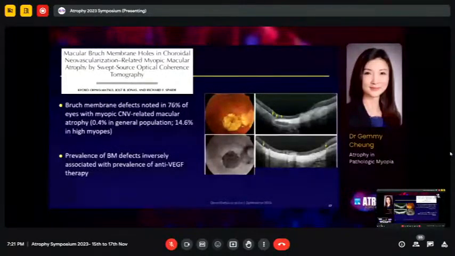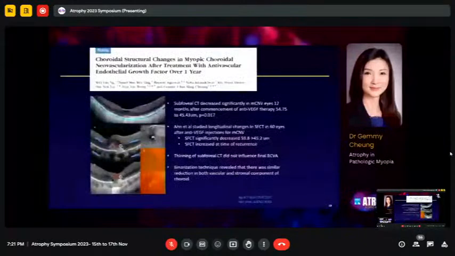So this is another paper from our group, which again illustrates, you can see the progressive changes in the OCT. You can see the opening up of that gap between that CNV and the adjacent Bruch's membrane, which appears to also support the theory mentioned earlier on.